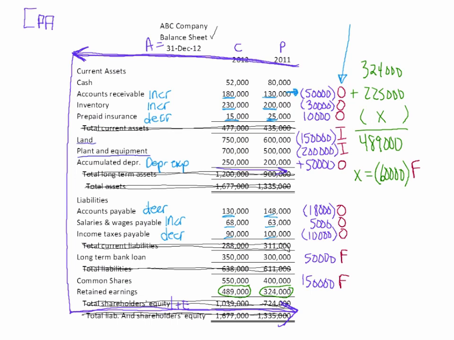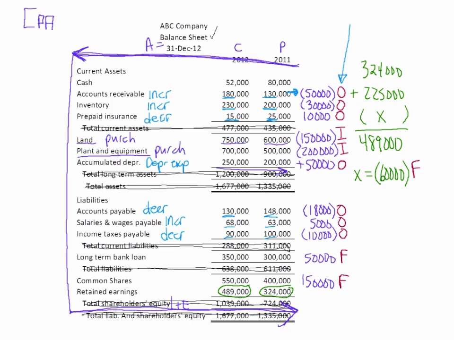Now, when we do investing activities, we have to describe what is going on. So we cannot simply say that land increased. For land to move from 600,000 to 750,000, what must we have done? Purchased. Exactly. So we have a purchase, right? And again, we have a purchase here.